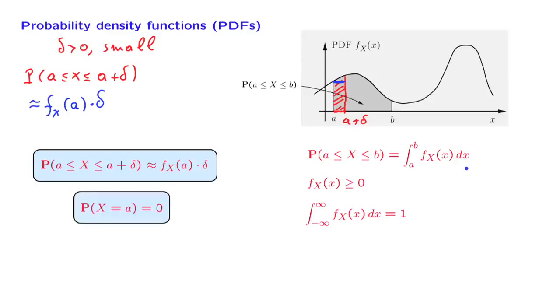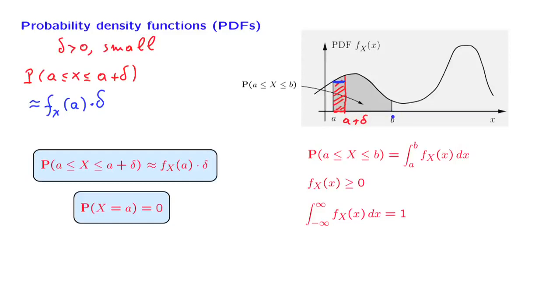So we obtain that the probability that x takes a value equal to a specific particular point is going to be equal to 0. So for a continuous random variable, any particular point has 0 probability. Yet somehow, collectively, the infinitely many points in an interval together will have positive probability.